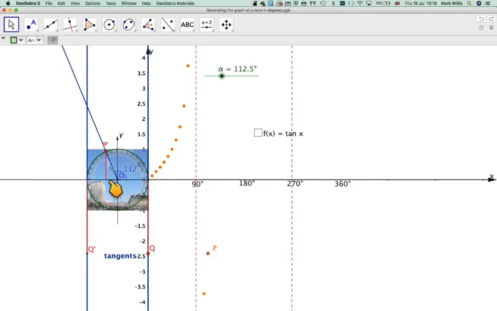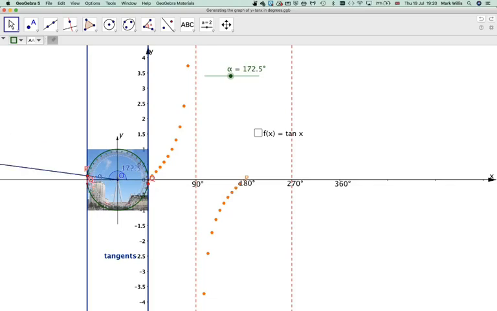The reason being is, if this is a unit circle on the XY axis and this is the origin, this is negative, so therefore this divided by this will give a negative answer. So we really need to consider the negative length here that we have on the tangent, so it will be this one here. So all the way between 90 and 180, tan is negative.